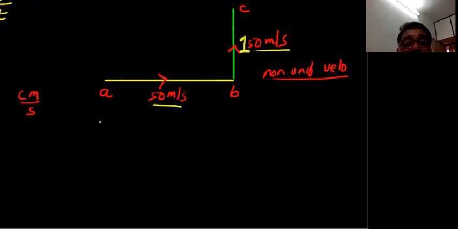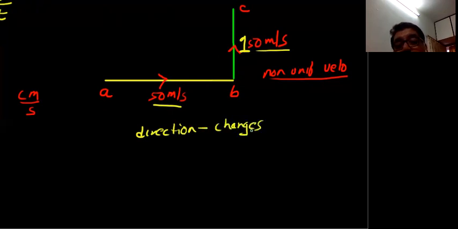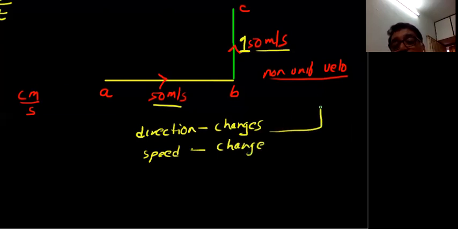Now, in this case, the direction changes and the speed also changes. So again, we call this kind of motion a non-uniform velocity.